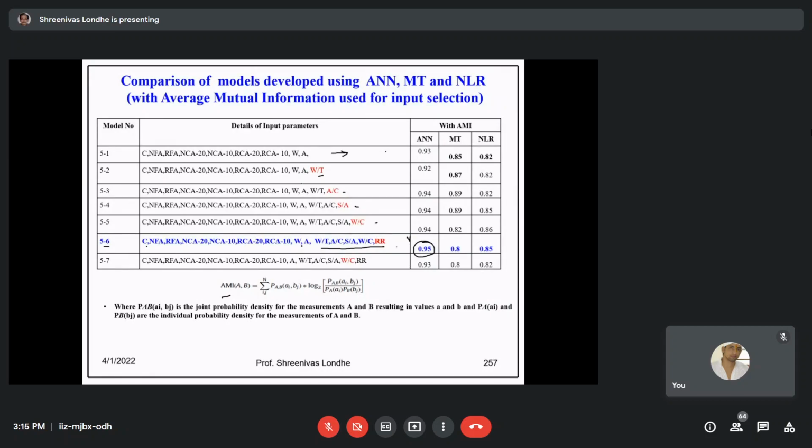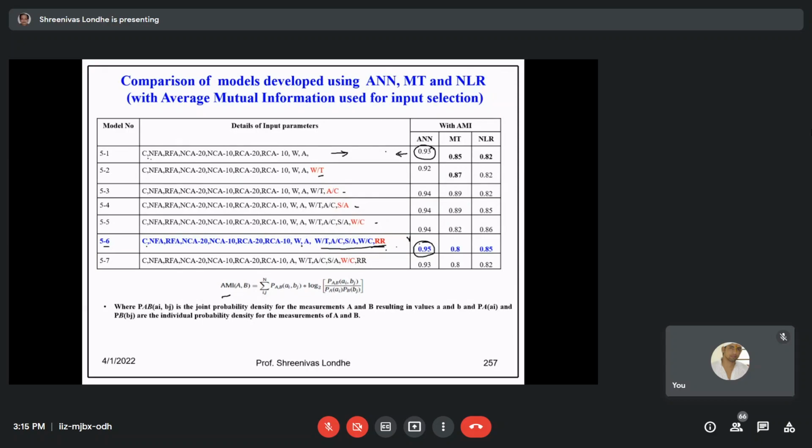Now, if you can see here, how we can conclude this particular work is that when I considered only the ingredients of concrete in kg per meter cube as my input parameters, my ANN could give me a performance of 0.93, which is pretty good enough. But when non-dimensional parameters were added, it gave me 0.95.